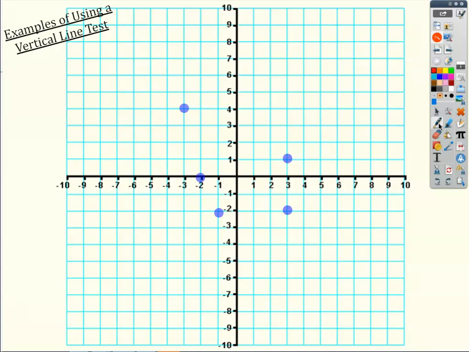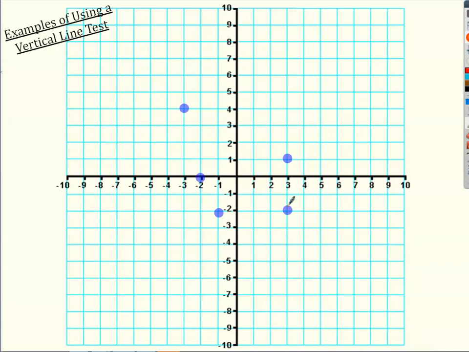So here we have our graph, and I'm trying to make sure that I can draw a vertical line. If it passes through more than one point, it is not a function. If I draw a vertical line here, so far it passes the vertical line test because it only passes through one point.